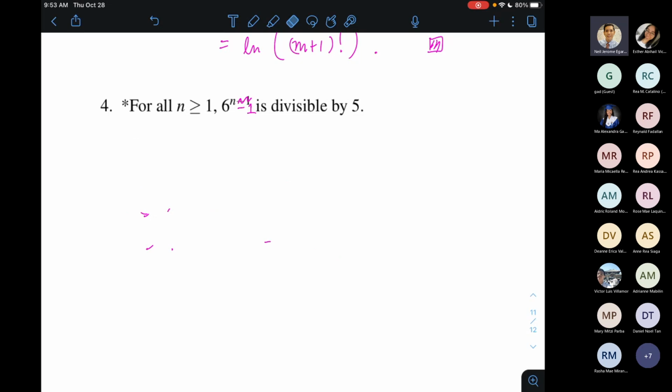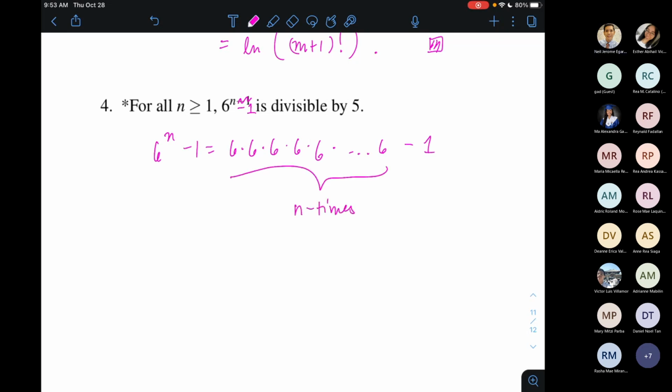Medyo mahirap siyang i-prove directly kasi ang itsura ng 6 to the n minus 1 ay 6 times 6 times 6 times 6 times 6 minus 1, n times. Hindi ako makakapag-factor dito ng 5. Tama? Kasi ang factors lang naman ni 6 ay 2 at saka 3. There's no way I can factor a 5 here.